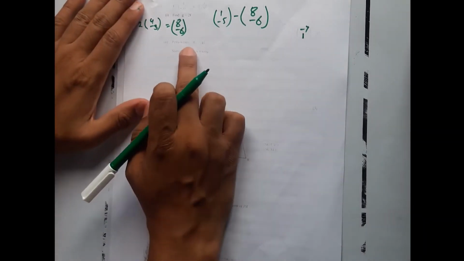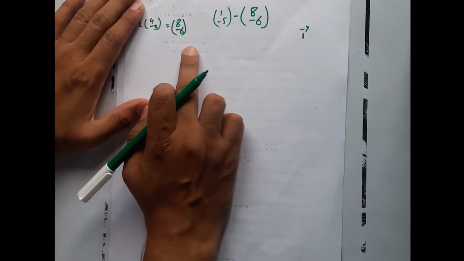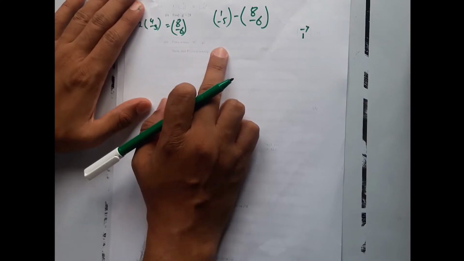Now we have to find the determinant of F and the determinant of G. We have to show that Peter is wrong when he says the F determinant is greater than the G determinant.